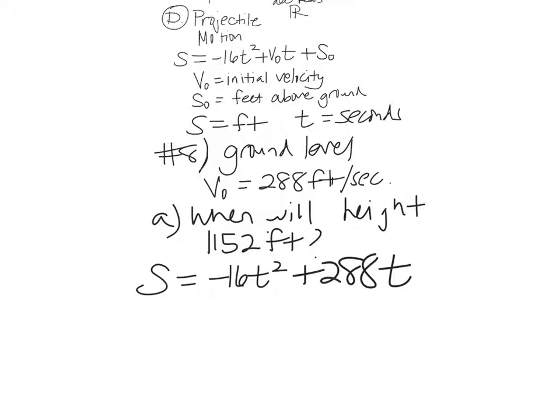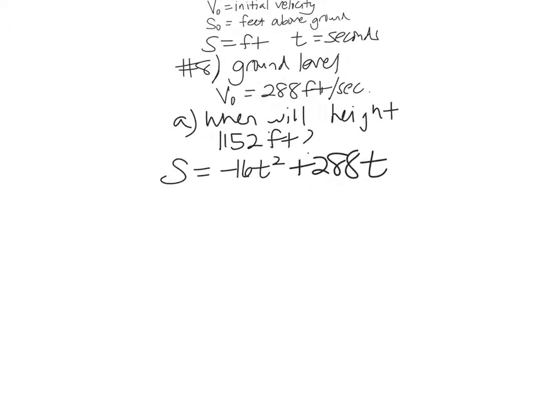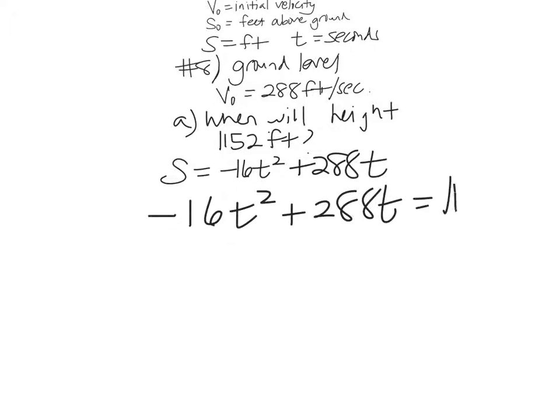Okay, so there's our equation for this problem. It's a negative parabola. It should be a negative parabola because it's going up and coming back down. All right, so when will the height be 1152? So let's take negative 16t squared plus 288t, and let's set it equal to 1152.